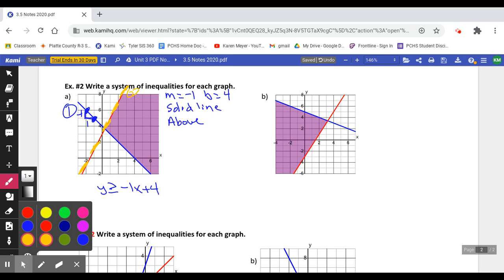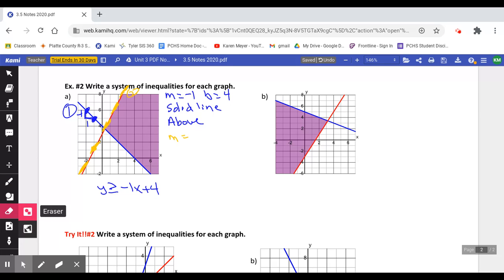So for this one, my m, I'm going to pick 2 points. So I'm going to choose this one right here and this one. So if I look at this one, I'm going up 1, 2, and I'm going across 1.